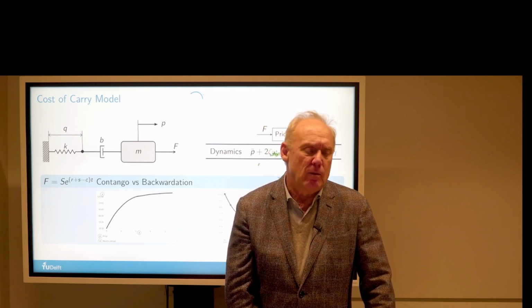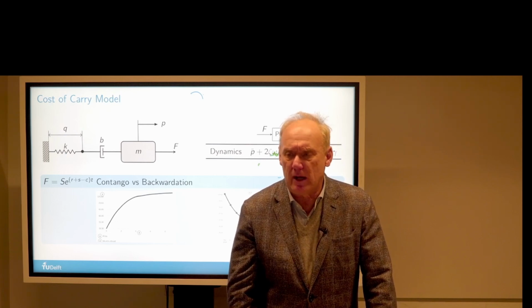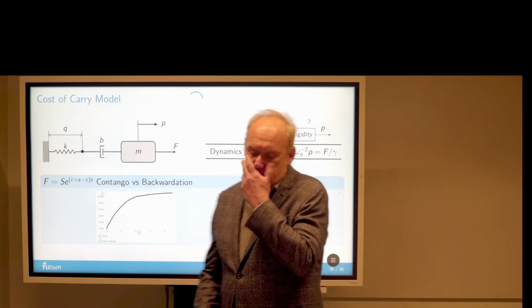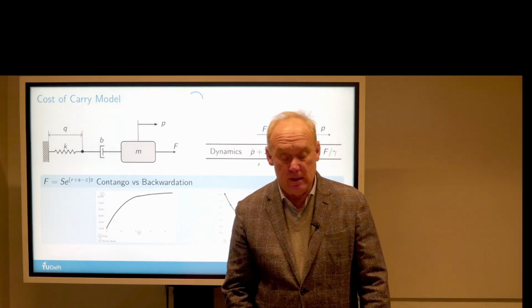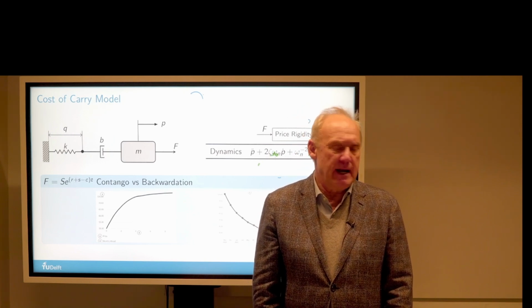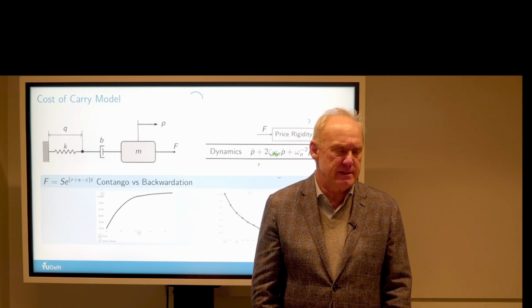Now, why would that be the case? Somebody said the cost of storage. So suppose, and this is something that's called arbitrage, suppose I have this future for delivery in March, and I want to hedge it out. That means I don't want to be exposed to any risk, okay?